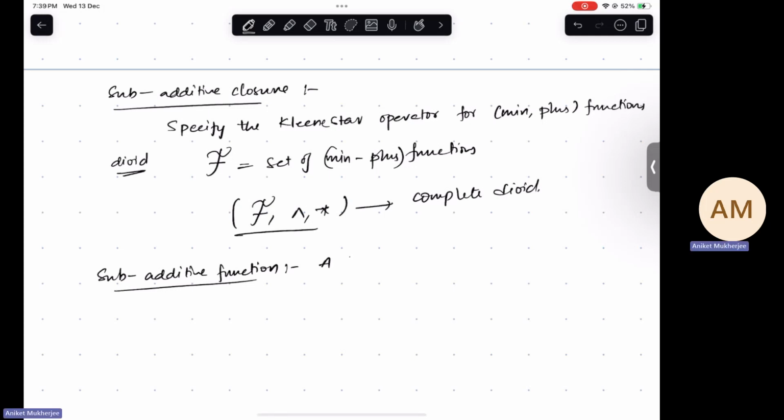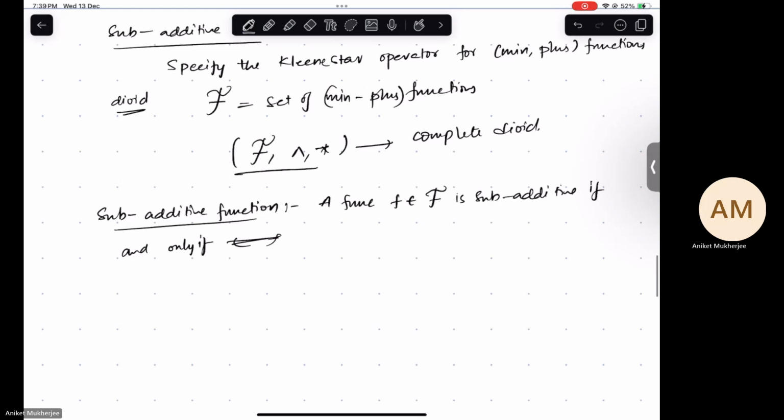Subadditive function. A function f belonging to F is subadditive if and only if, for all s, t belonging to R plus, we have f of s plus t less than or equal to f of s plus f of t.